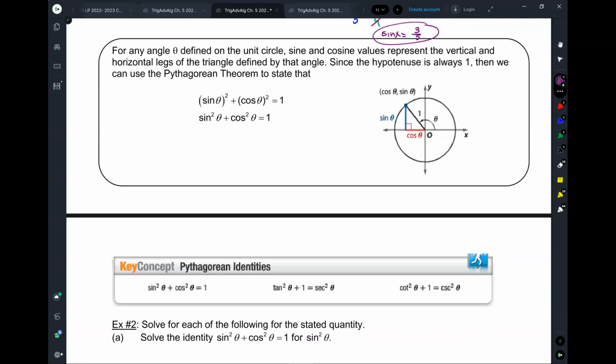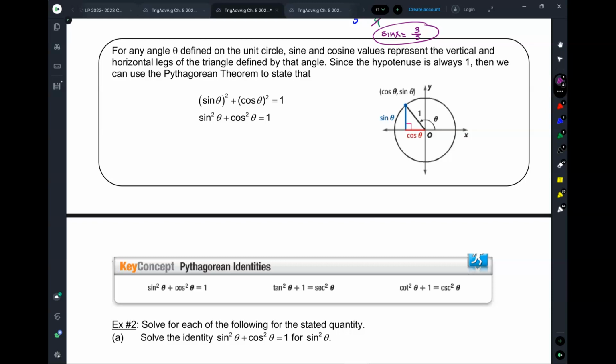Okay. So, we've been working with this from the beginning of the year, right? That when you have a triangle inside a unit circle, we've learned that when you have a right triangle, the horizontal is always the cosine, the vertical is always the sine.